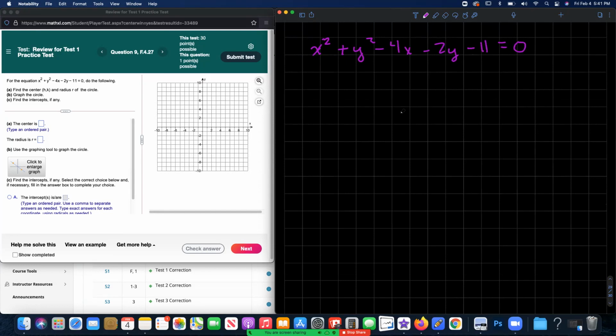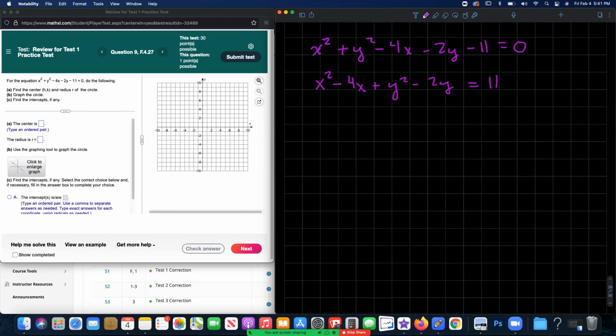Basically, at this point you want to put your x's together and your y's together: x squared minus 4x plus y squared minus 2y is equal to 11. So, the x's together, the y's together, and the numbers on the other side.